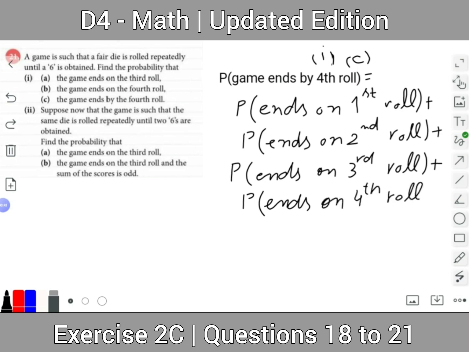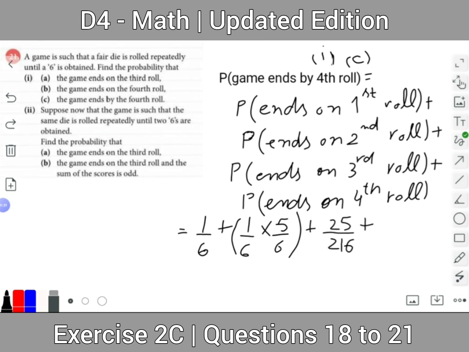So here we will write down all the probabilities. So the probability for the game ends on first roll will be 1/6, plus for the game ends on second roll we have 1/6 multiplied by 5/6, plus, since we have already found out in the part A the game ends on the third roll, and that was 25/216, and now for the fourth roll the probability was 125/1296.